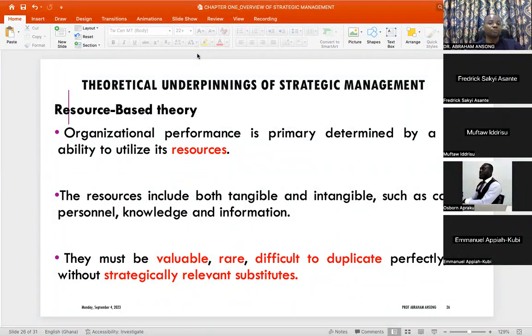Currently, are you valuable to your company? Are you rare? Is it difficult to duplicate you perfectly? If they say that when you don't come to work, somebody can easily do whatever you've been doing, or they can fire you today and get a replacement tomorrow, what it means is that you've not developed yourself enough.